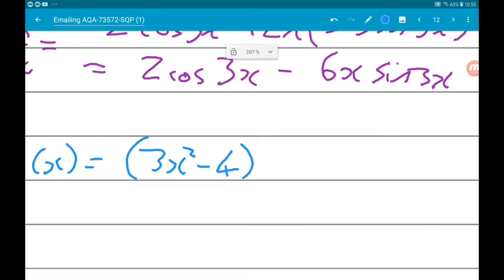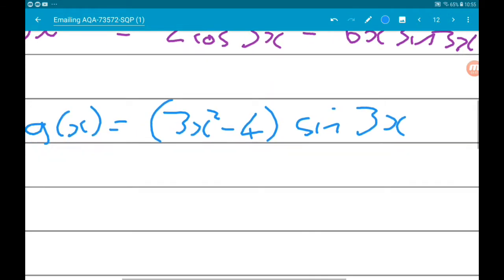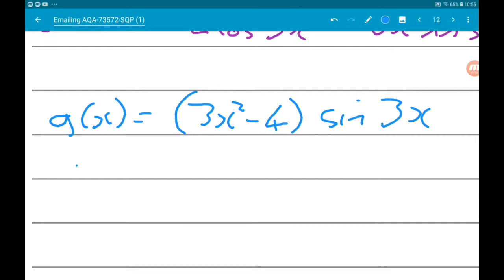Now you could, of course, here expand the brackets out if you wanted to. I'm going to do it though all in one go using the product rule. So dg by dx is going to be the derivative of the bracket times sine of 3x. So that's going to be 6x sine of 3x.